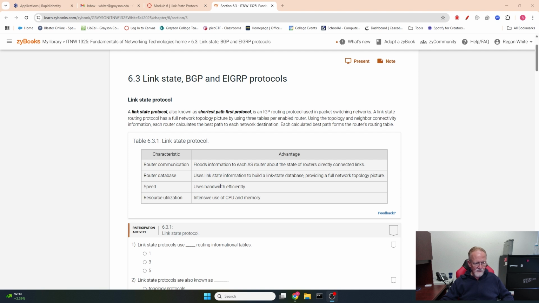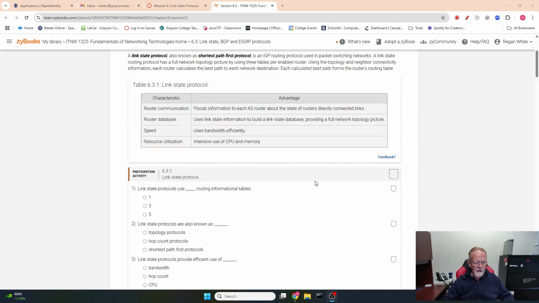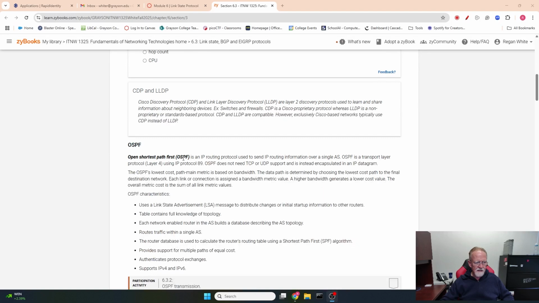It uses bandwidth very efficiently, because once it establishes that, it's able to send messages the most efficient way possible. However, it does use a lot of the memory and CPU of the routers, because it sends out so much information. In the beginning, when it's being established, it just floods the network with information, and that's the way it gathers the information for its database. Then you've got a participation activity.